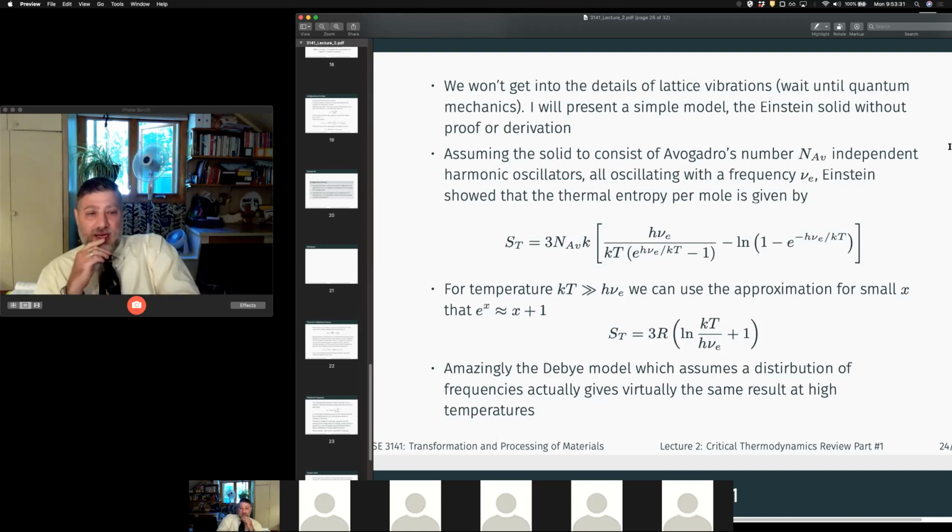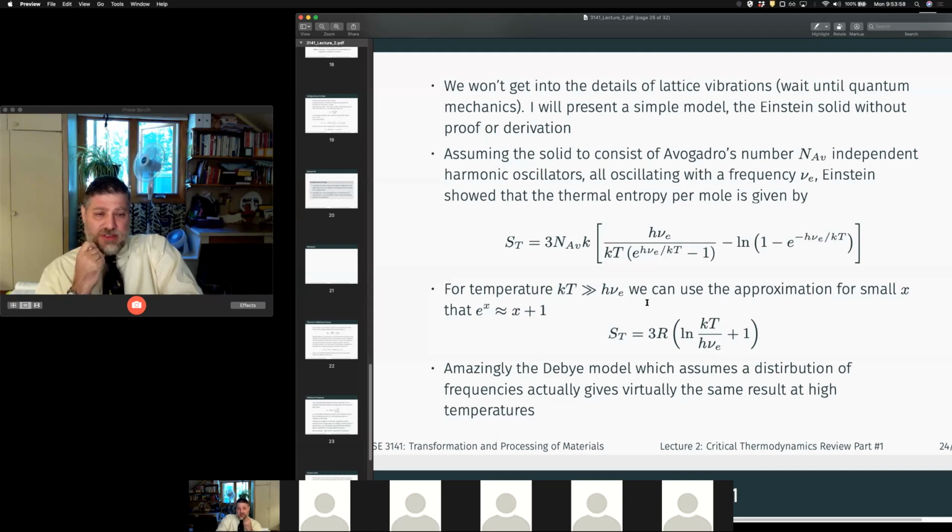But anyway, Einstein showed that the thermal entropy per mole, if we have a solid of Avogadro's number oscillators, and they all have a constant vibrational frequency of mu Einstein here, we end up with the thermal entropy formulation that's like this.